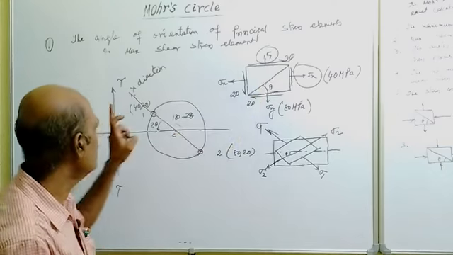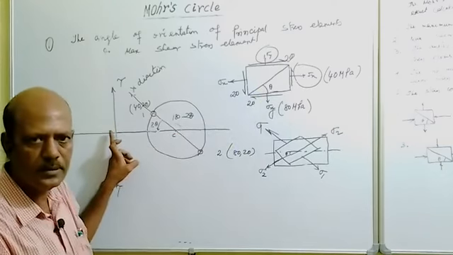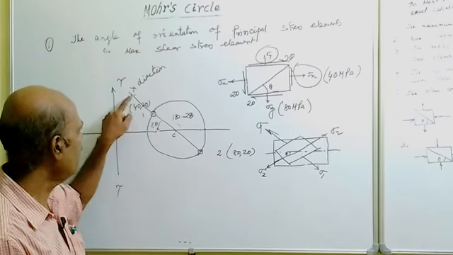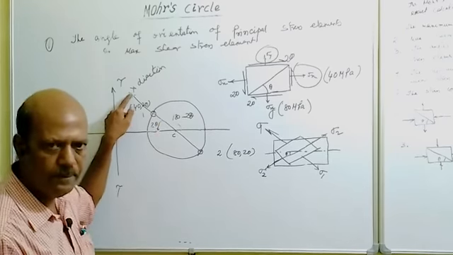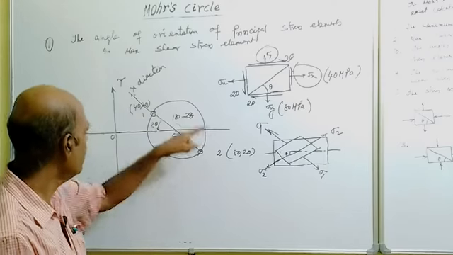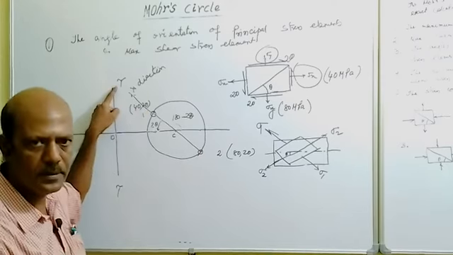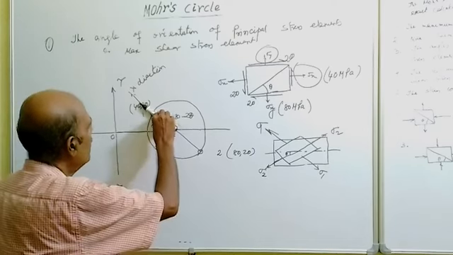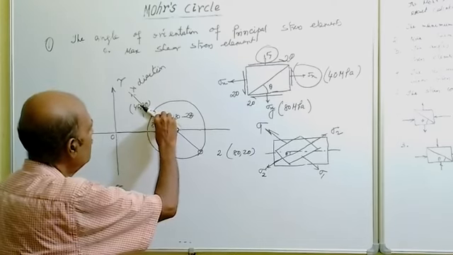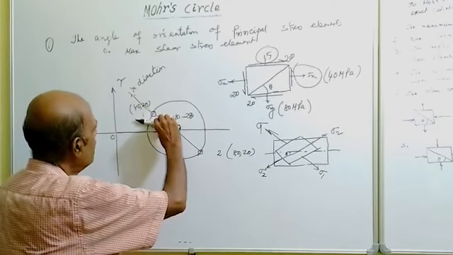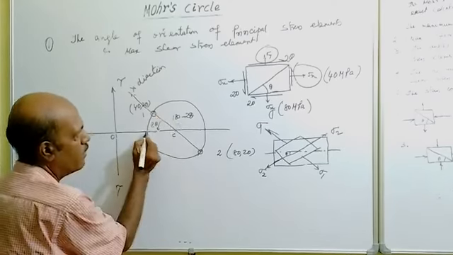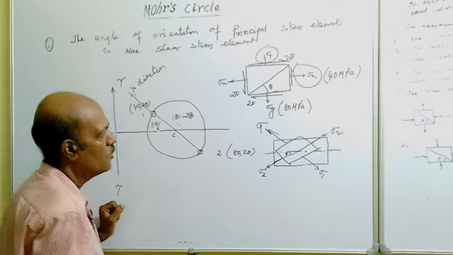From this stress condition, first draw the axis, plot point 1 and point 2, find the x direction, draw the circle, then find the x direction. Clear? Now from this circle, it is saying if we rotate the x axis by 2 theta angle in anticlockwise sense, we will get the minor principal plane.